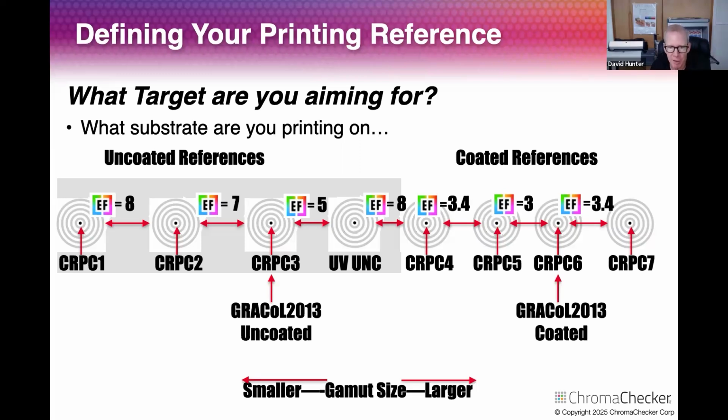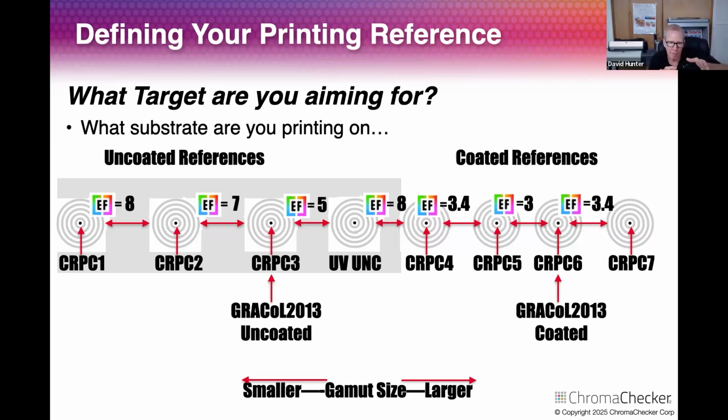And when we were testing the UV uncoated condition, we found that it was almost a center point between CRPC3 and CRPC4. It had a significantly larger gamut than CRPC3, and it was a 5 E-factor difference, which is a pretty good difference. And so we were really confident that this was a really good reference that the industry would like, and we've gotten great feedback on it.